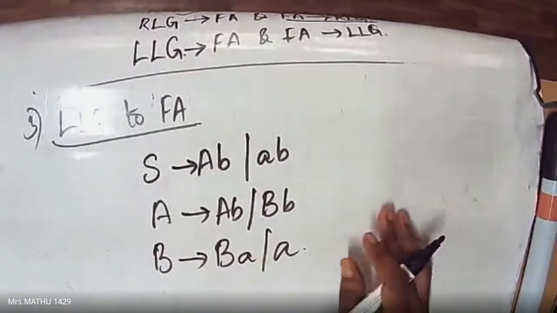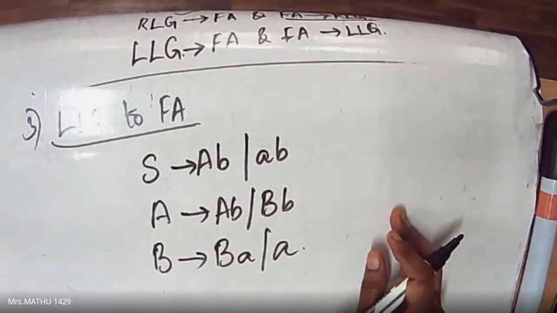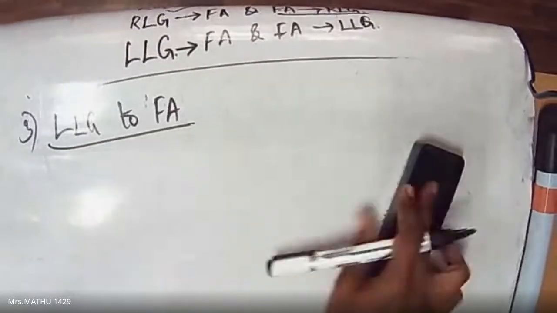Okay, so this is the given left linear grammar. Now this left linear grammar needs to be converted into finite automata.